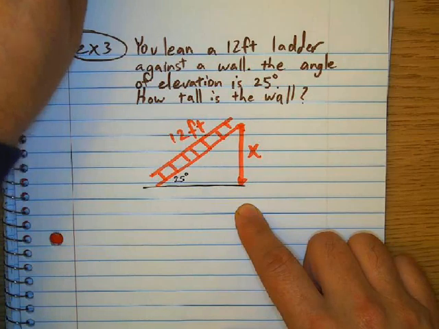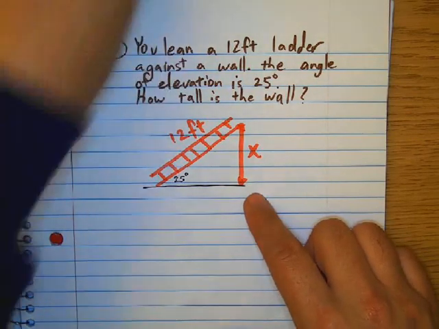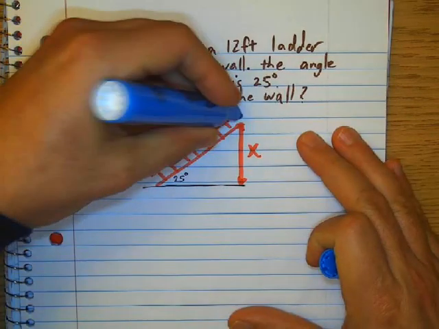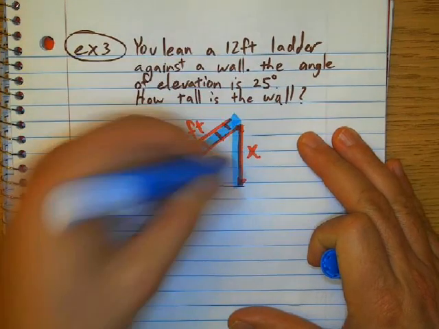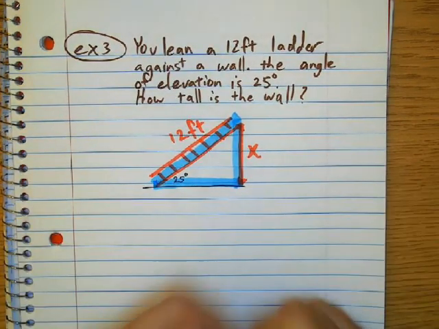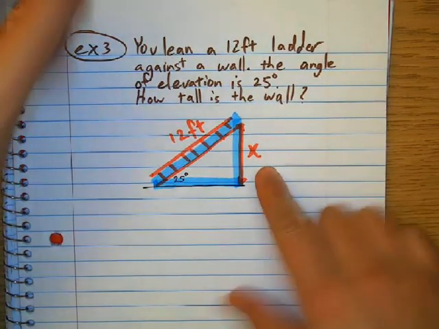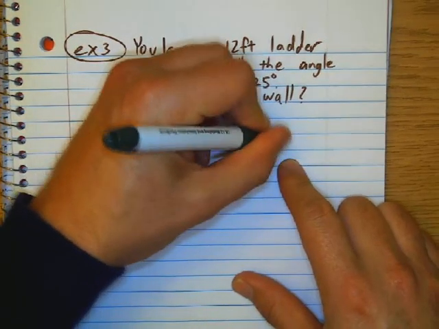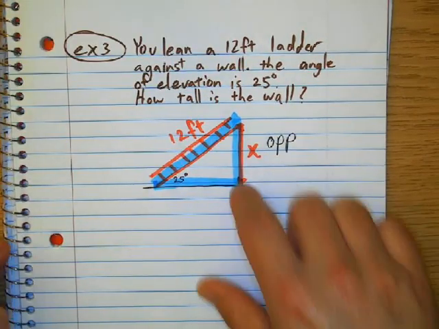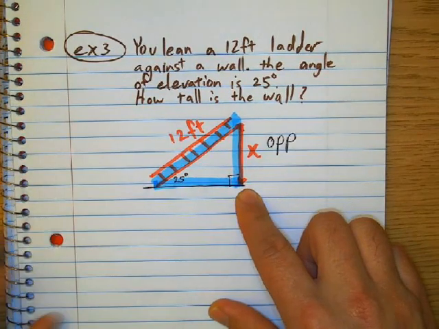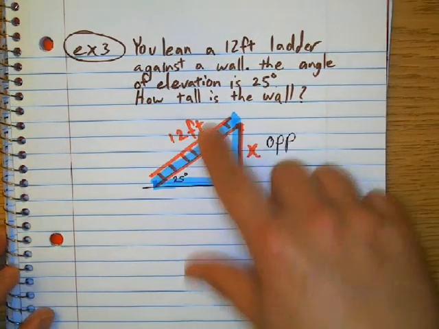Now, given this triangle that I've got here, this over here is far away from the angle, so it's the opposite. The wall is going straight up and down. This side here is the hypotenuse.